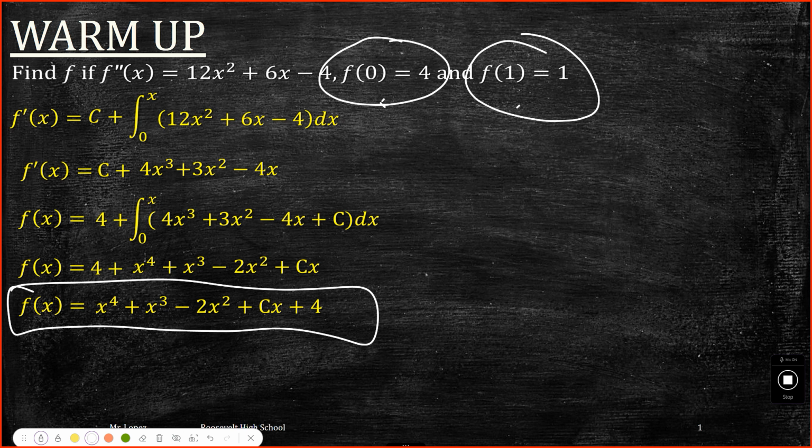We could just use f of 0 to find what the c value is. The problem is finding the c value. And if it is f of 0, well, f of 0 is 4, so this is equal to 4. If you plug in 0, what's going to go away though? If you plug in 0, then the constant, you've got to use this one, because then it goes away. So you've got to use f of 1.